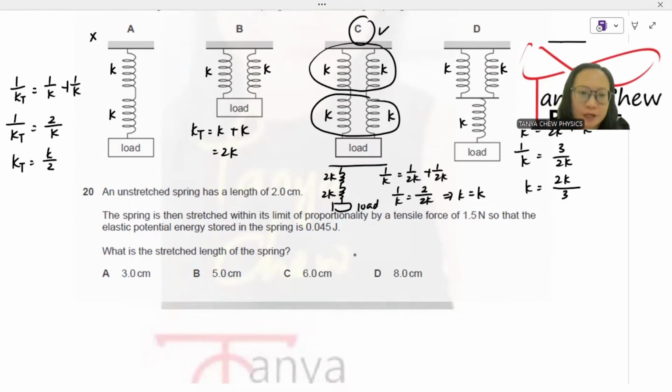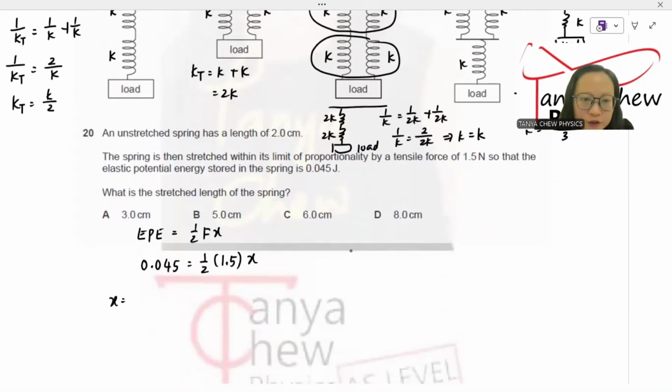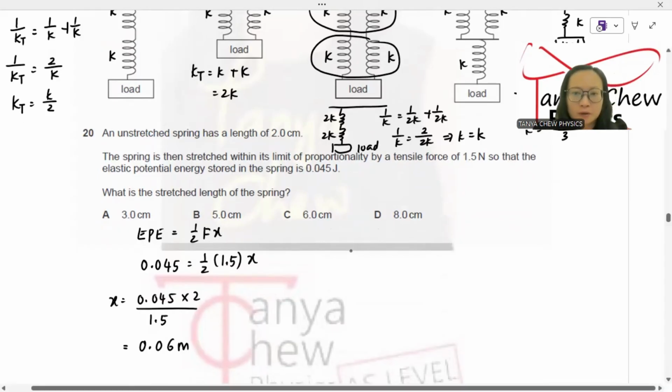Elastic potential energy, EPE, is equal to half Fx. Now I want to find x. 0.045 is given, that is elastic potential energy. F is given, 1.5. My extension would be 0.045 multiplied by 2 divided by 1.5. So the extension is equal to 0.06 meter.